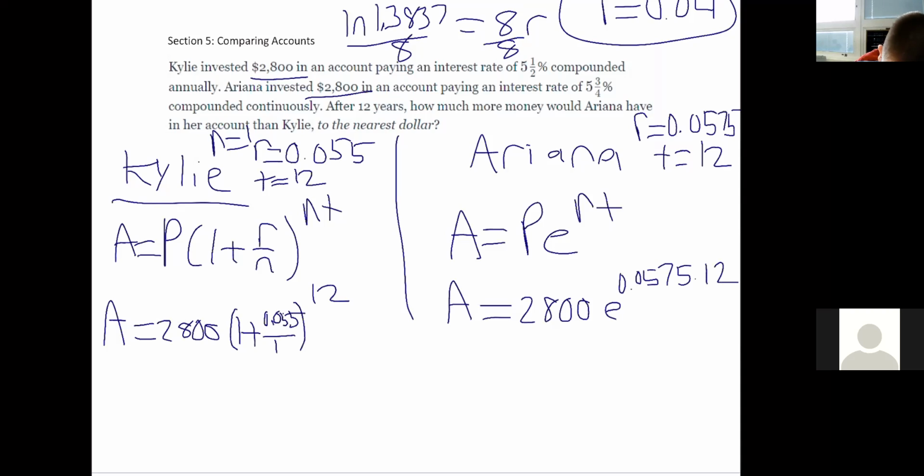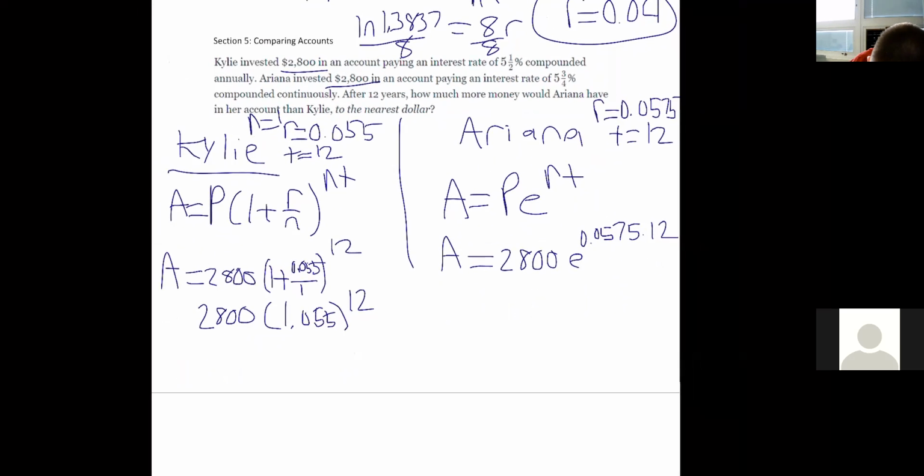Then you're just going to plug these in. One tip for Kylie, since it simplifies pretty nicely, this is just going to be 1.055, so that's probably easier to plug in. For her, it would be 2,800 times 1.055 in parentheses up to the 12th. They want us to round, well, I'm not going to round yet, but when we get our final answer, we're going to round to the nearest dollar.